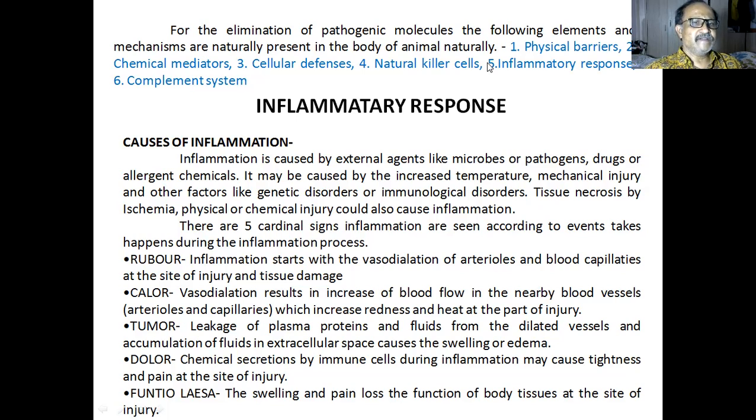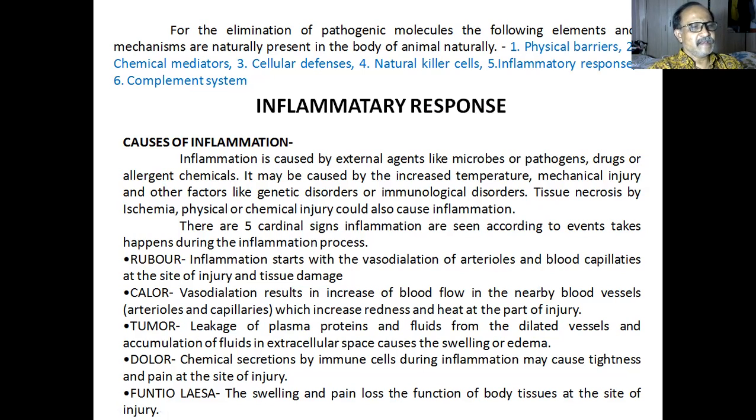Now we will see the inflammatory response in detail. This inflammation is caused by external agents like microbes, pathogens, or certain drugs, allergen chemicals. Or it may be caused by increased temperature, मैकेनिकल इंजरी, कहीं पे कुछ लग जाता है, मैकेनिकल इंजरी होती है.